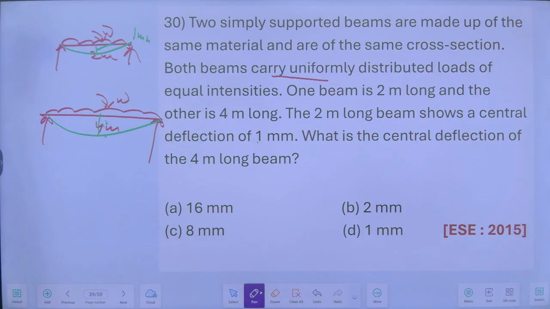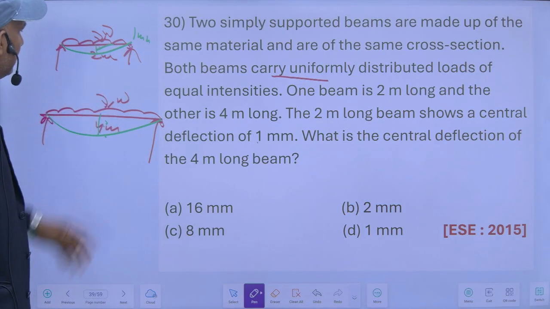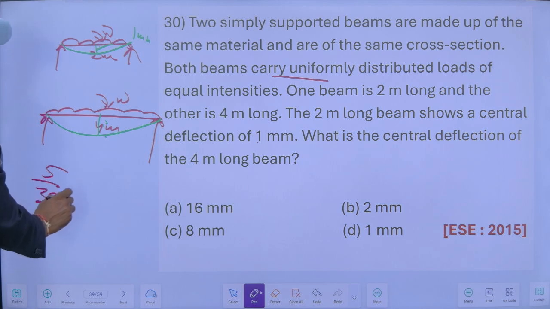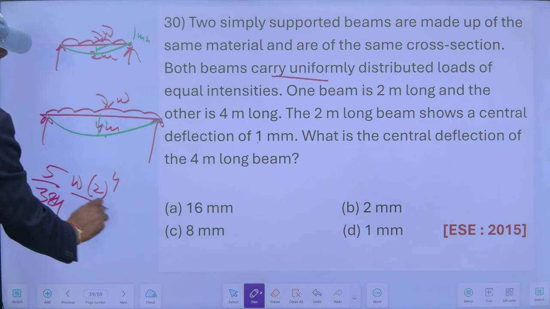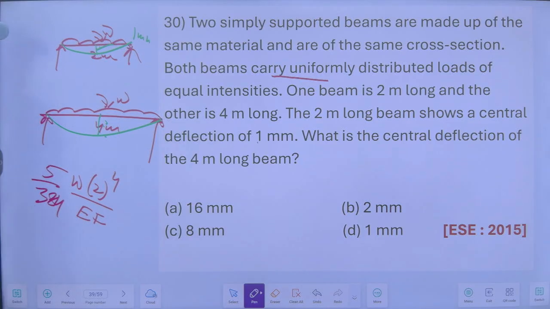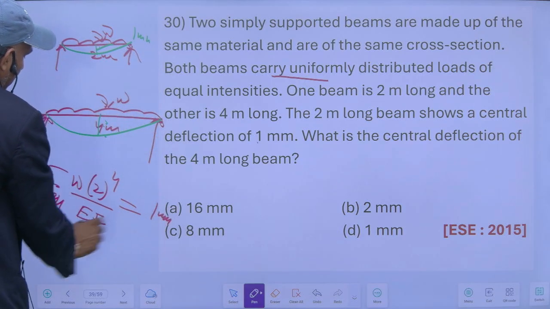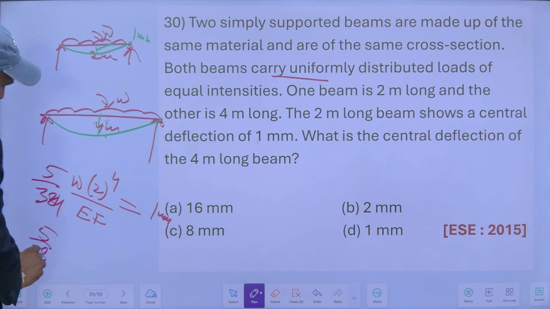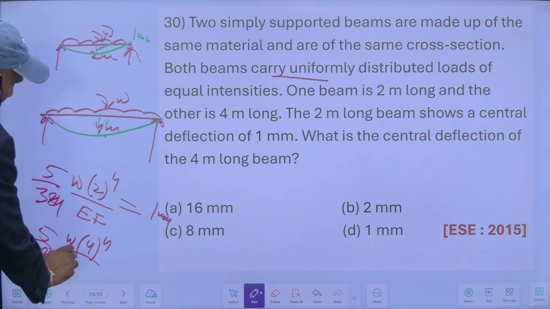It means both are simply supported. So for this, my deflection will be equal to 5 upon 384 W into length to the power 4 upon EI. This is the formula, and this deflection is equal to 1 mm. Deflection because of this will be 5 upon 384 W into 4 raised to the power 4 upon EI.